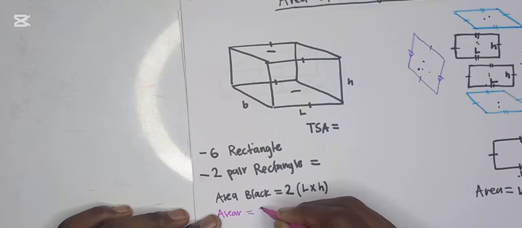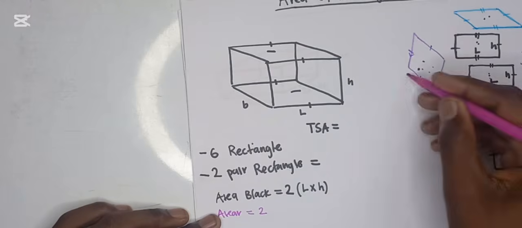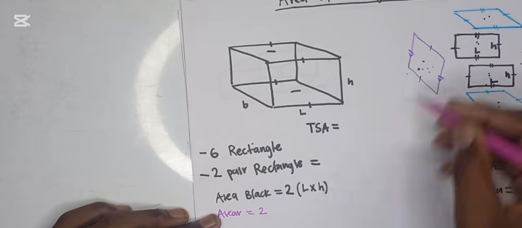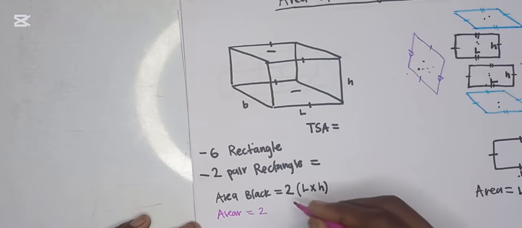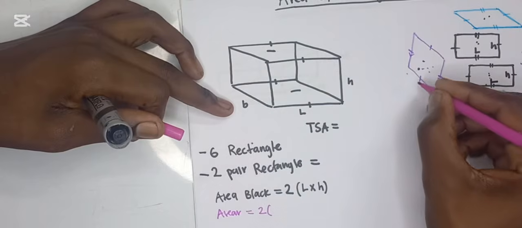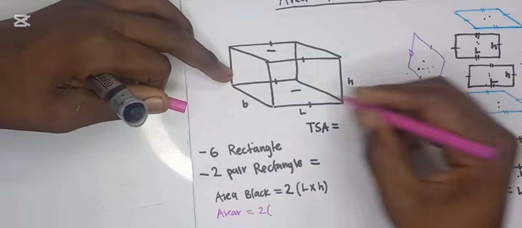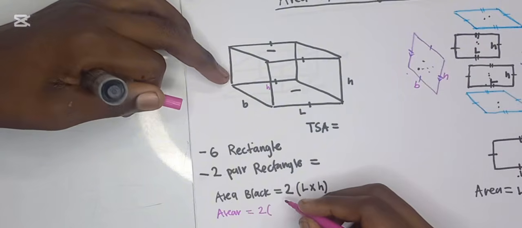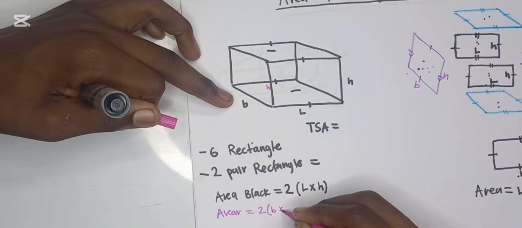The area of it is going to be two, since there are two rectangles that are equal, two pairs of rectangles that are equal. This one has the breadth, and it also has the edge here, which is the height. So it's going to be 2 times breadth multiplied by the height.